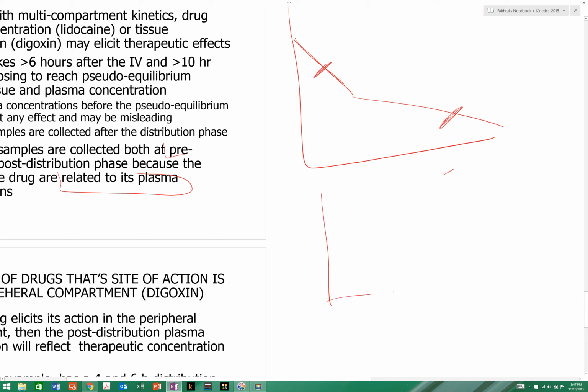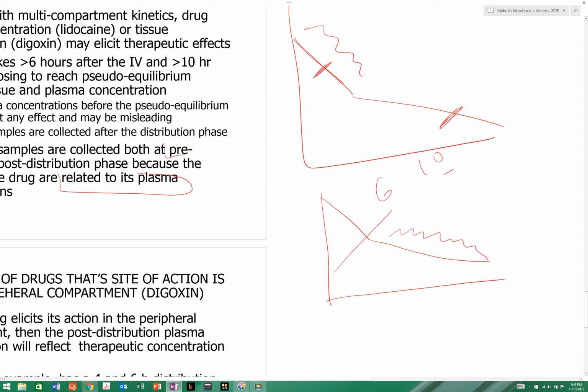Again, for digoxin, which works in the peripheral compartment, we have to wait 6 to 10 hours: 6 hours for IV administration, 10 hours for oral administration. And then you take the sample. This will reflect the accurate therapeutic concentration in the case of digoxin, because digoxin works in the peripheral compartment. But lidocaine works in the central compartment, and the central compartment, that means the plasma concentration, reflects its therapeutic efficacy.